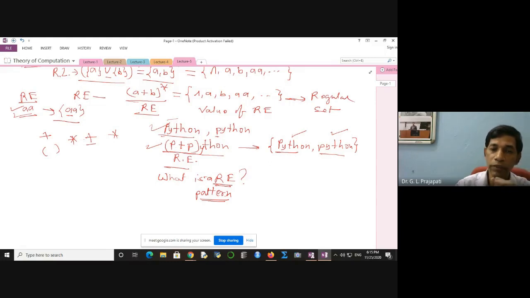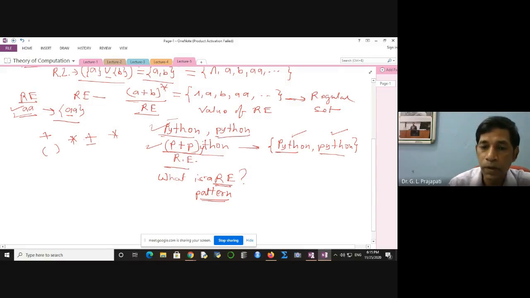In searching on Google, say somebody may type Python with a small p, somebody may type capital P, and you will find some answers. So how can you describe that you mean either capital P or small p, and you mean the same word you want to search?